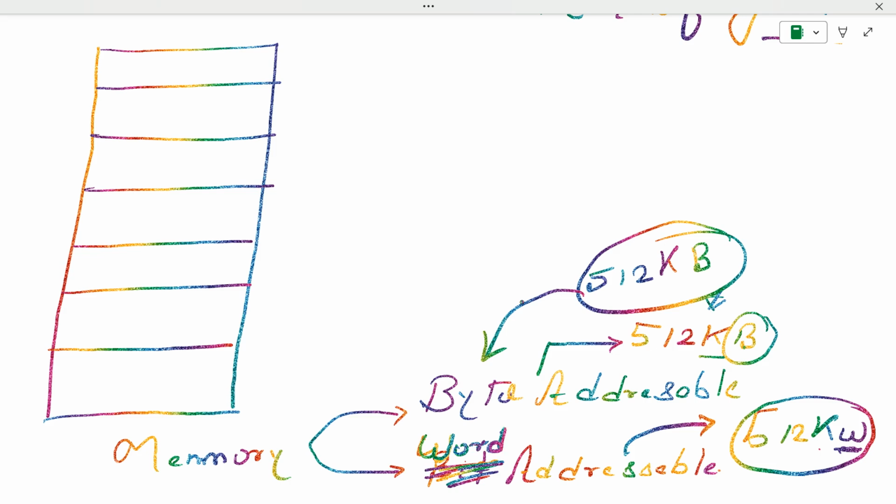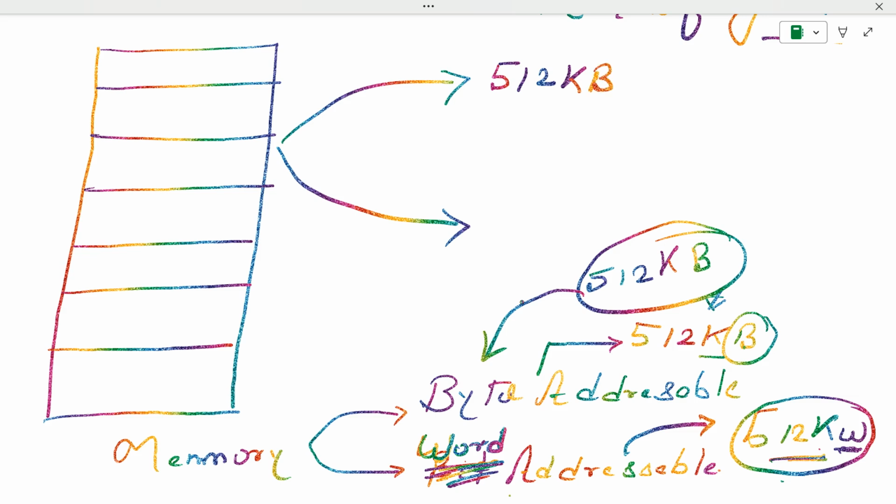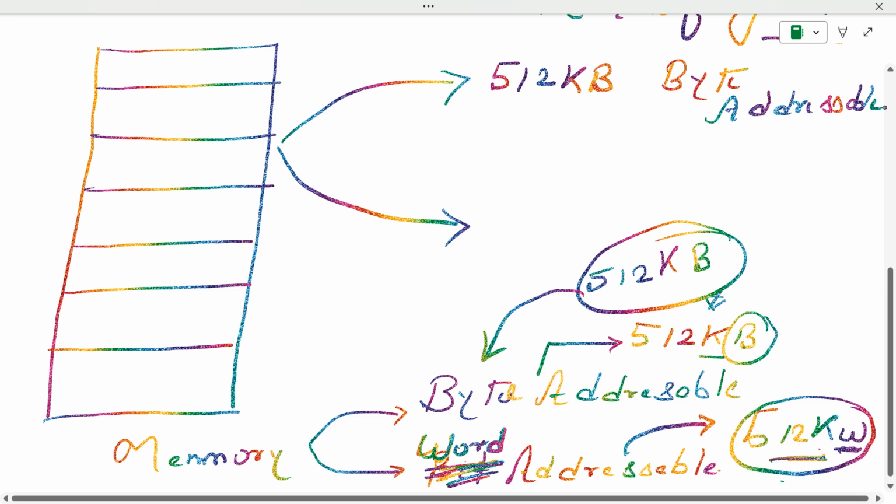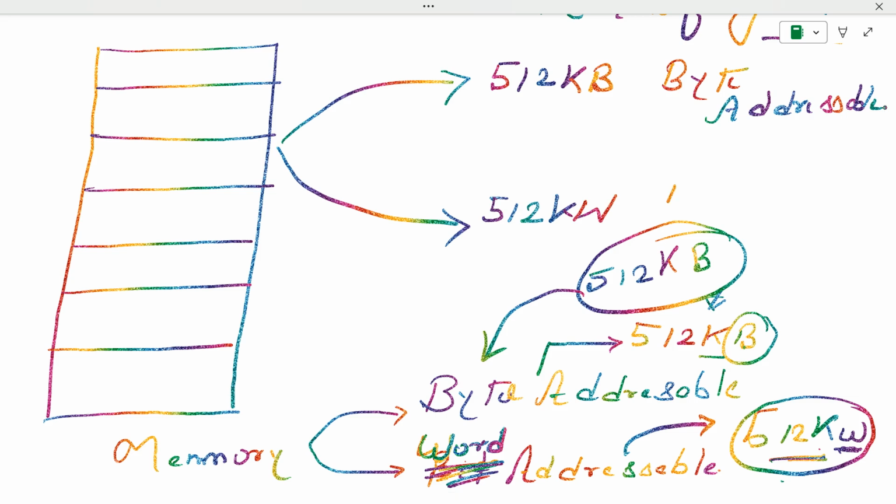If the capacity of memory is 512 kilobytes, then it is a byte addressable memory because we are addressing the memory in terms of bytes. And if the memory has a capacity of 512 kilowords, then we are representing the memory in terms of words. It is said to be word addressable memory. In this way we represent memory.